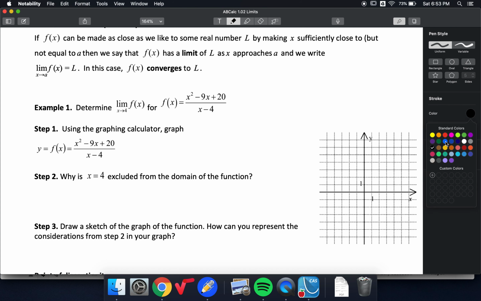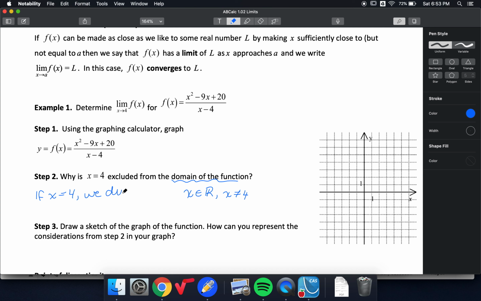Our domain is x is an element of reals where x is not equal to 4, because if x is 4, then we divide by 0, which makes mathematicians upset. So we're not going to divide by 0.